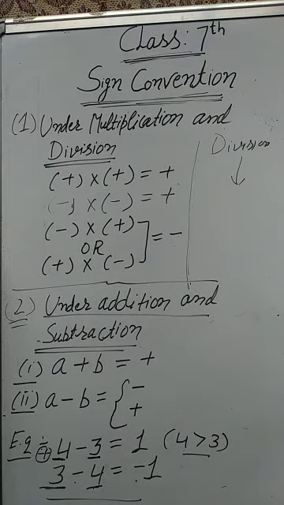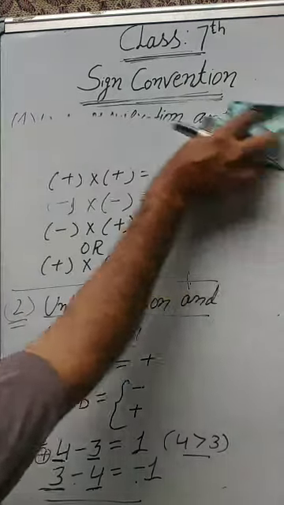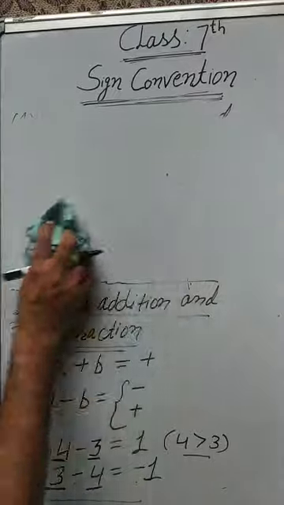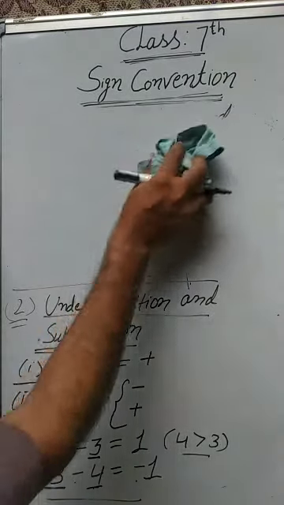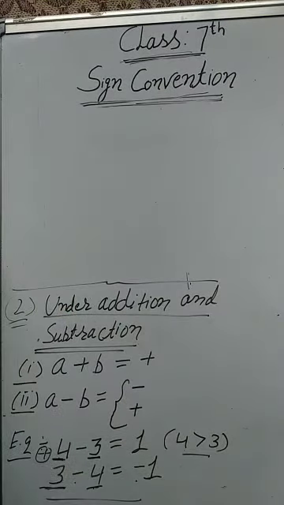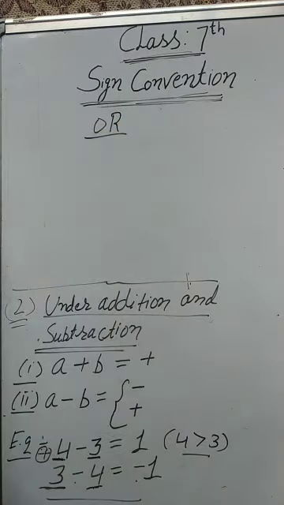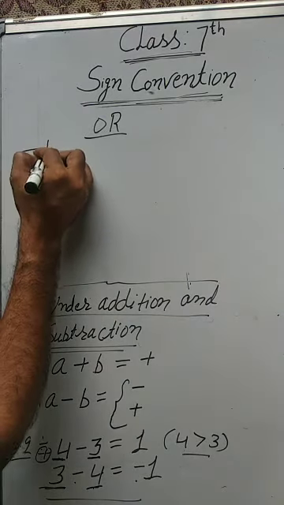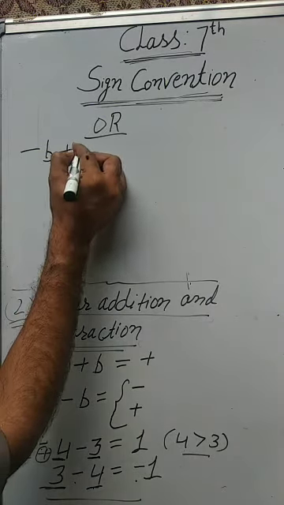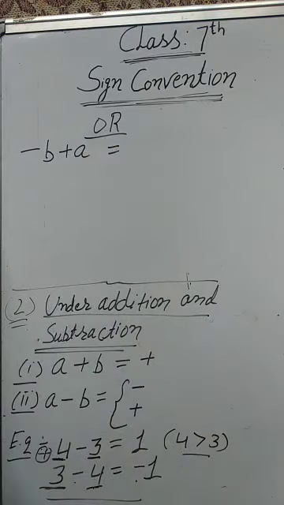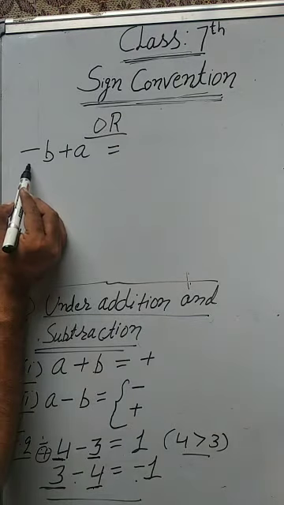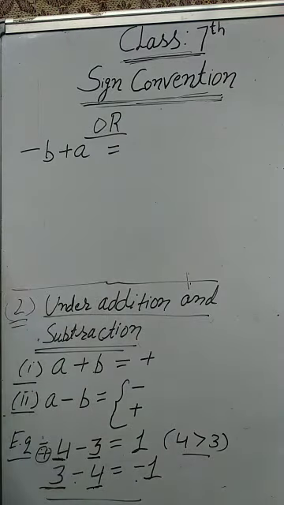Or he can write this sign convention in another way. There is also a second way to write in the question. You will see that sign convention in the form like he will write minus b plus a. Now beta, here you will think what to do. We will do minus or we will do plus.